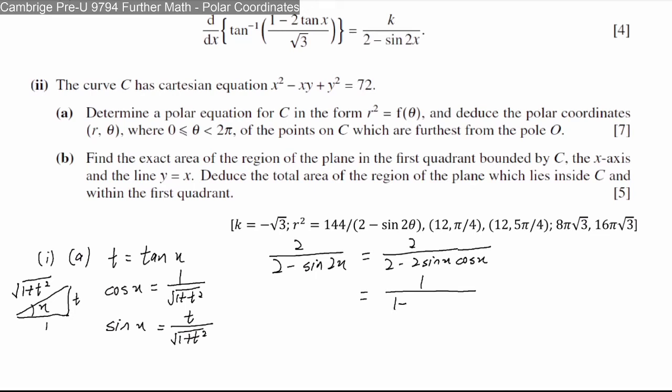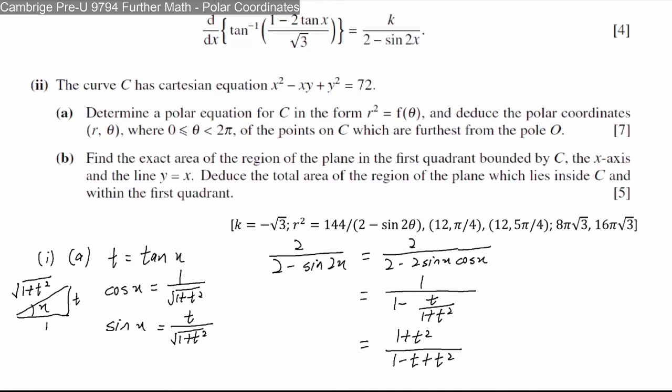When we have sine x times cos x, using the expression we found earlier, we get t over 1 plus t squared. After that, by doing the manipulation, we should be able to find the expression that we need to prove. It's a 2 marks question.